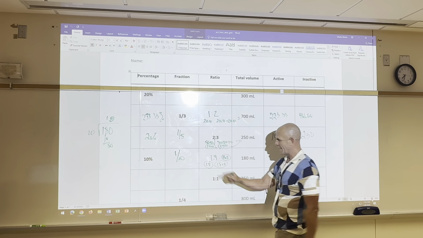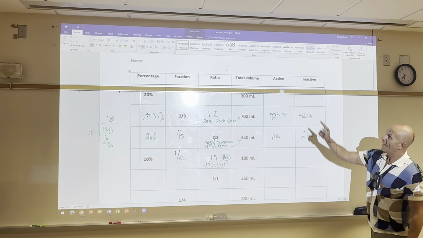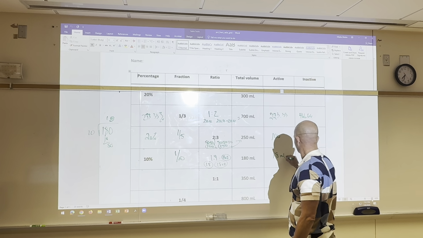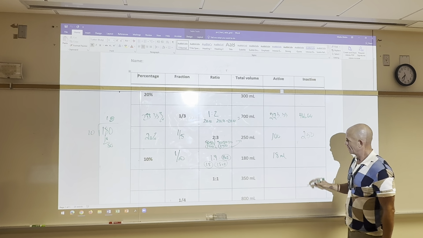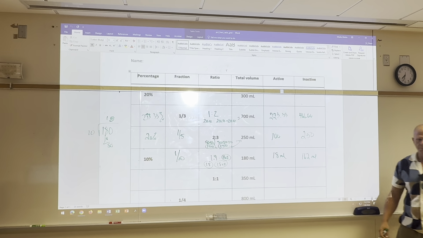So what's our active ingredient? How much is our active ingredient? 18 mLs. How much is inactive? 162 mLs. Make sense?